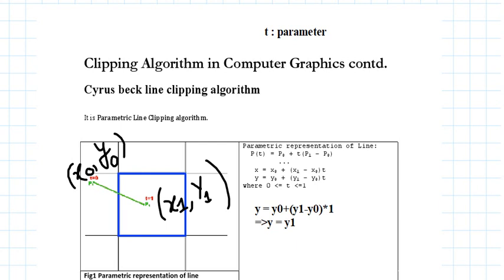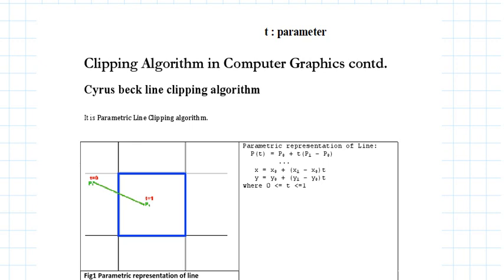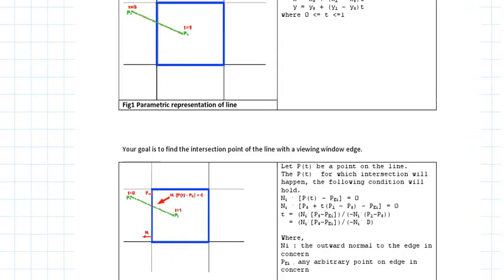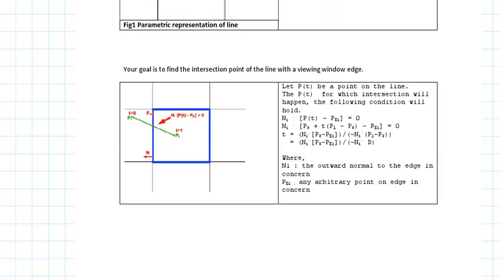Next, how does this Cyrus-Beck algorithm actually clip a line? To find that, you need some vector calculations. How?